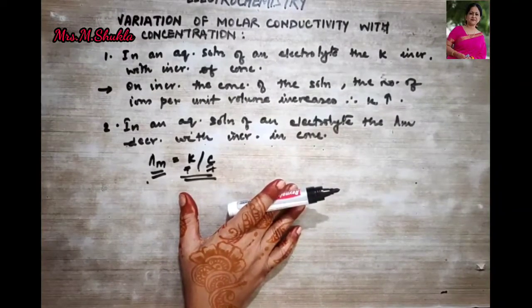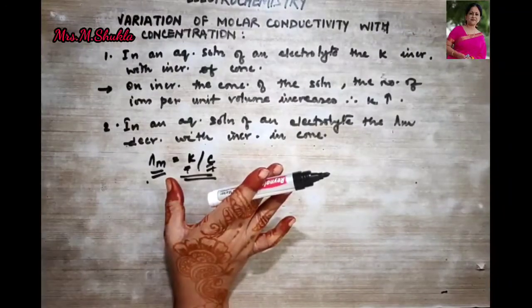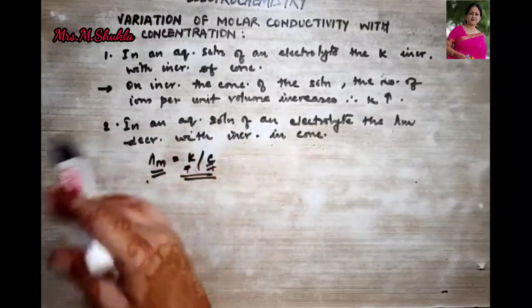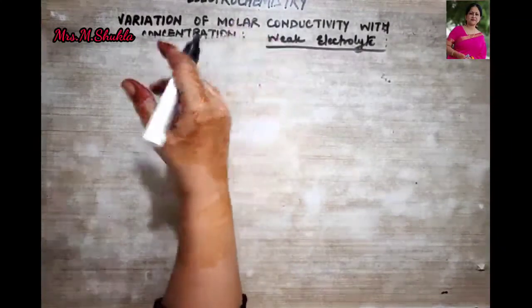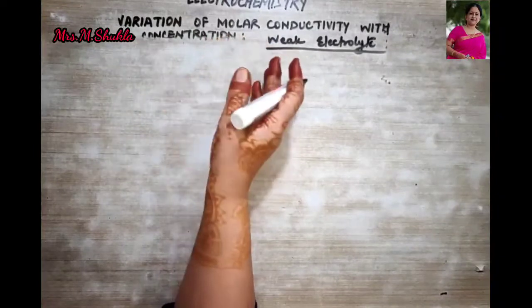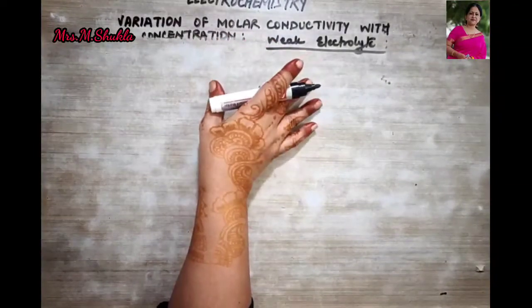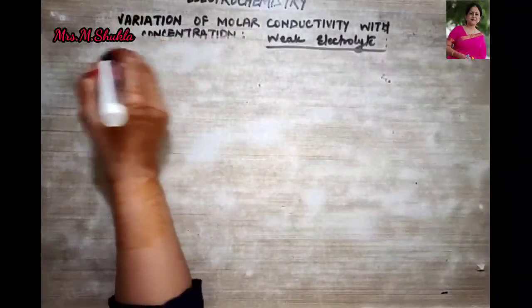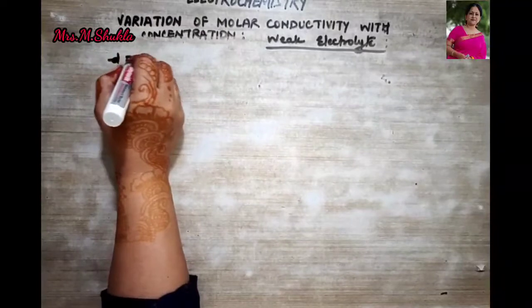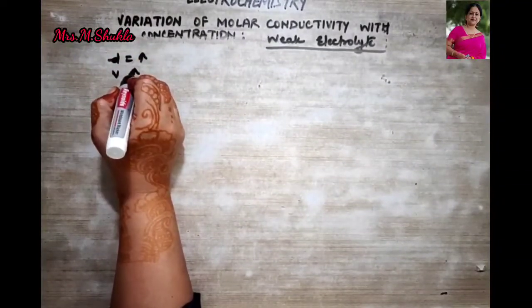Now we are going to talk about the variation of the molar conductivity with concentration of a weak electrolyte. When we add water, the ions increase, and therefore your molar conductivity also increases. All that I have already explained. So once again, if we increase the dilution, then your volume also increases.